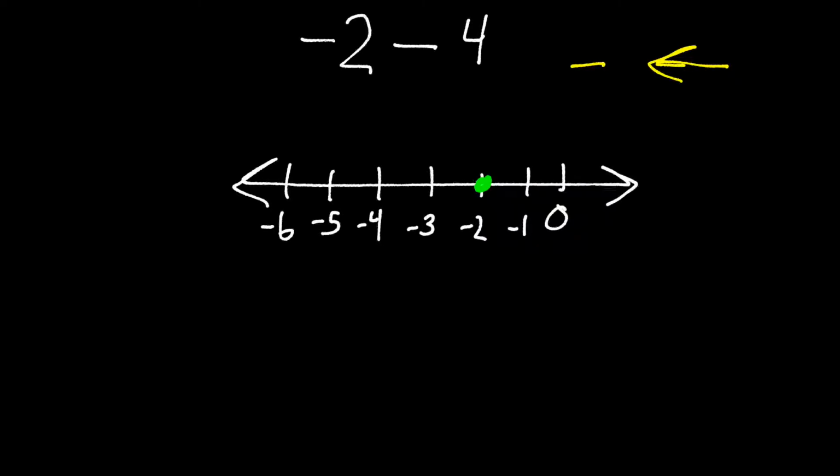And we're going to go to the left 4 spaces. 1, 2, 3, 4. And we end up at negative 6. So there we have it. Now we've done subtraction.